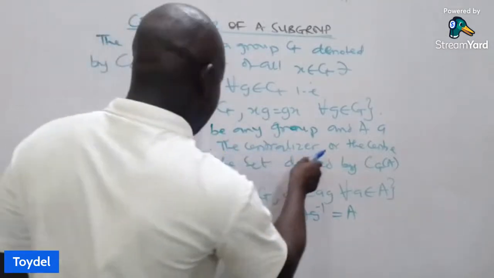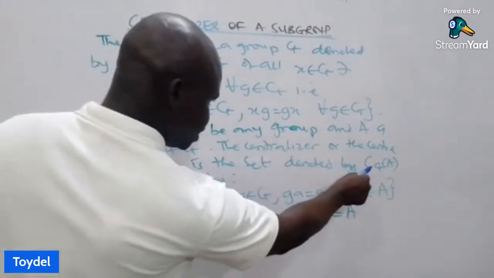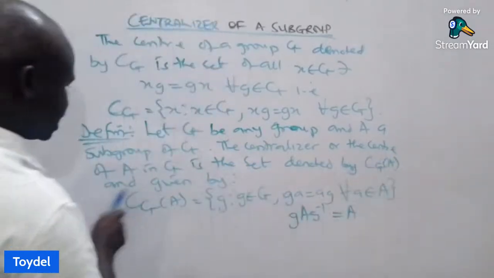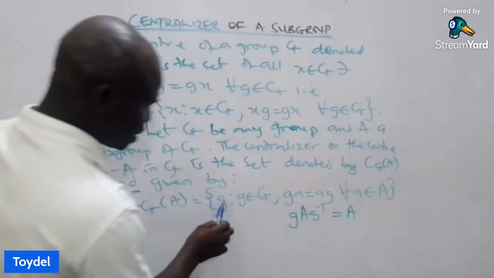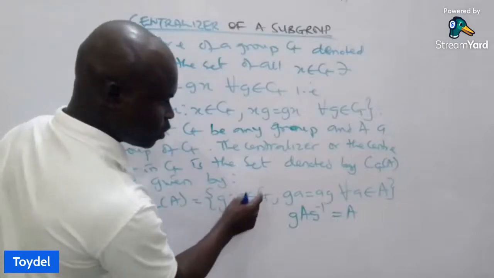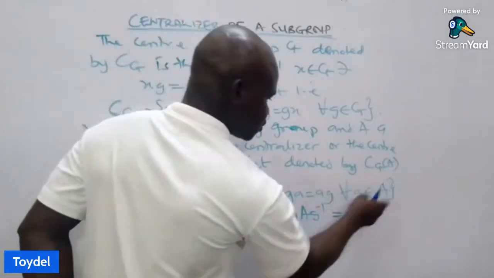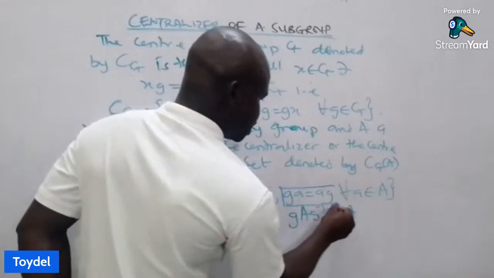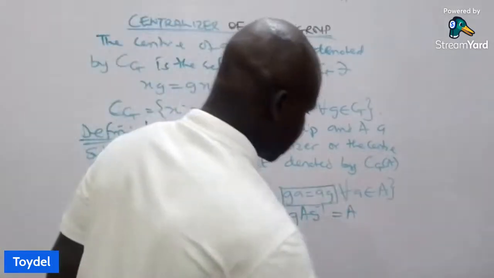Then the centralizer, or the center of A in G, is the set denoted by C_G(A), given as every g such that this g is coming from the group, with ga equal to ag for all a that belongs to A. This condition is just telling us that the left coset is equal to the right coset.